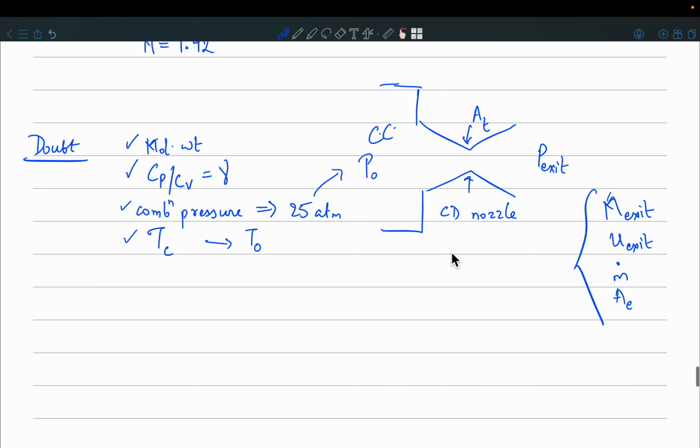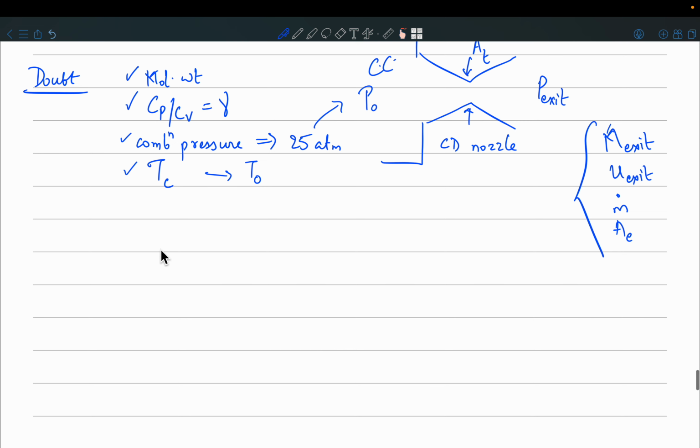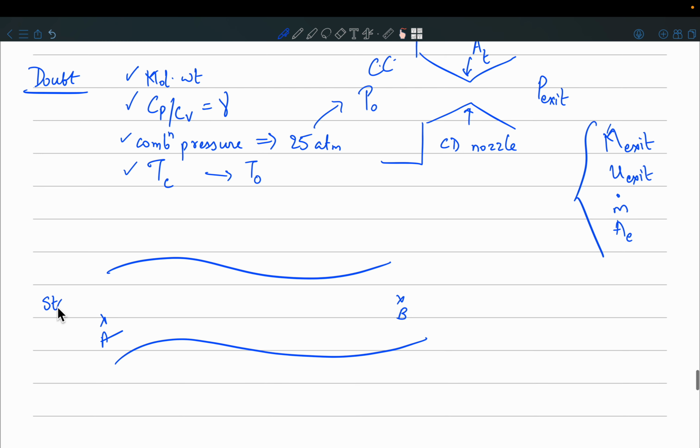See, the stagnation quantity is a reference, right? And that reference stays. See, I'll tell you something. So first, let us assume there is any channel flow, and if I have assumed that from this point A to this point B, the flow is isentropic, okay, then whatever is the stagnation quantity over here, stagnation at A is going to stay same at B also, right?